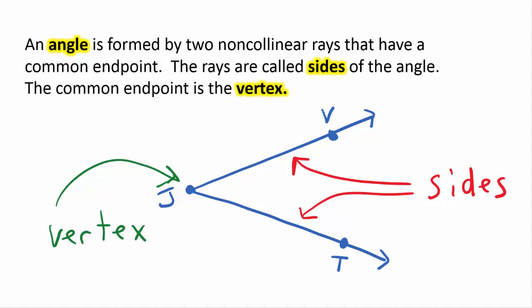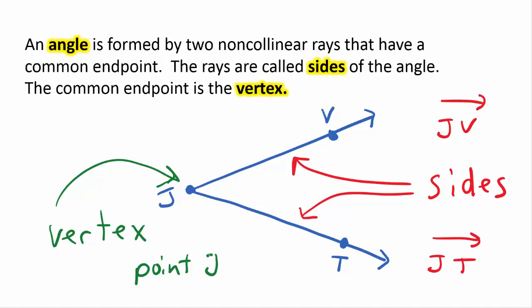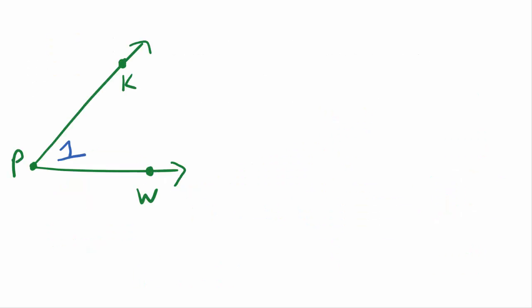So we could say that ray JV and ray JT are the sides of the angle, and point J, the common endpoint, is the vertex of this angle. So here we have an angle with vertex P, and we have rays PK and PW.